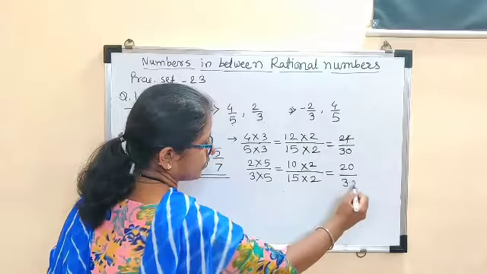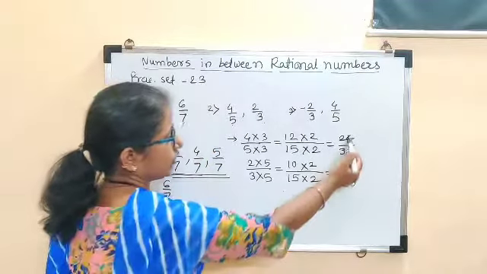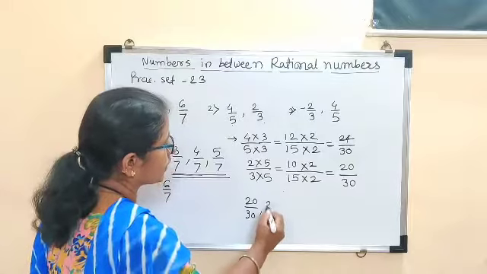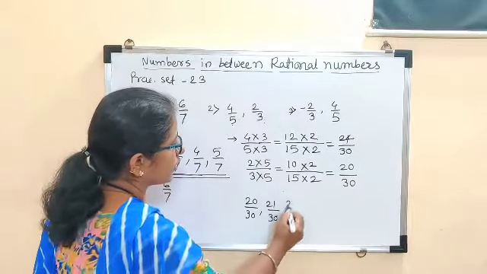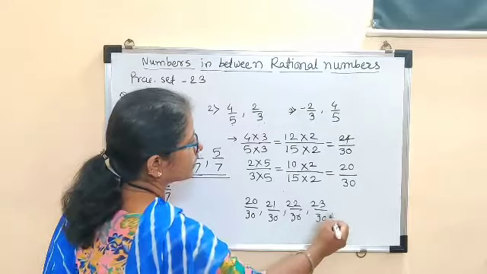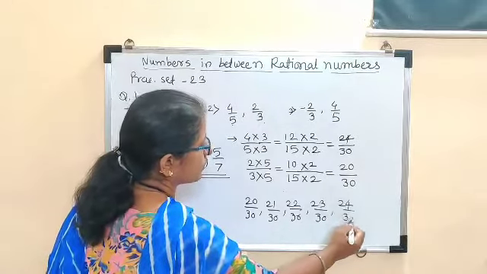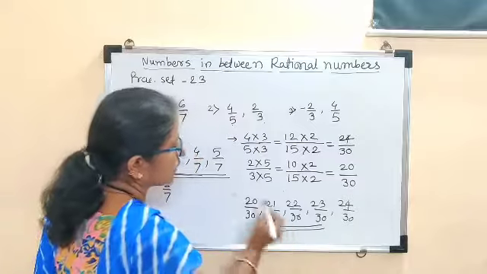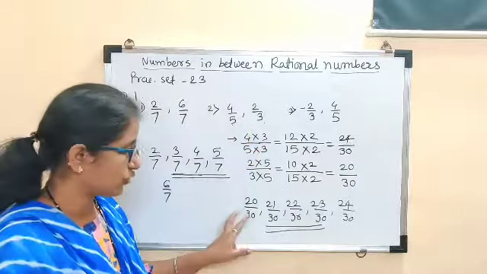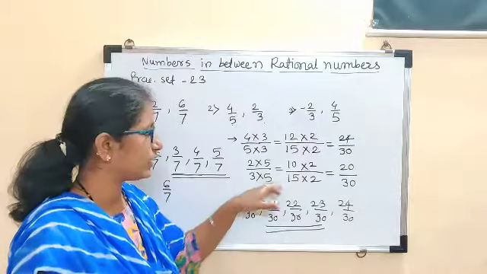20, 30. Now see, 24 and 20. So after 20 upon 30 comes 21 upon 30, 22 upon 30, 23 upon 30, and then 24 upon 30. So these are the three rational numbers between these two rational numbers. So we have to convert to equal denominators.